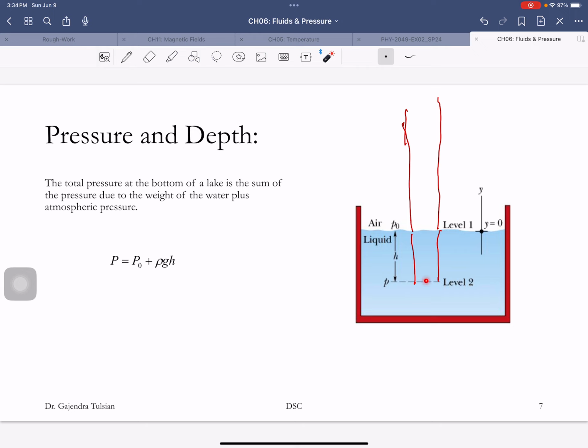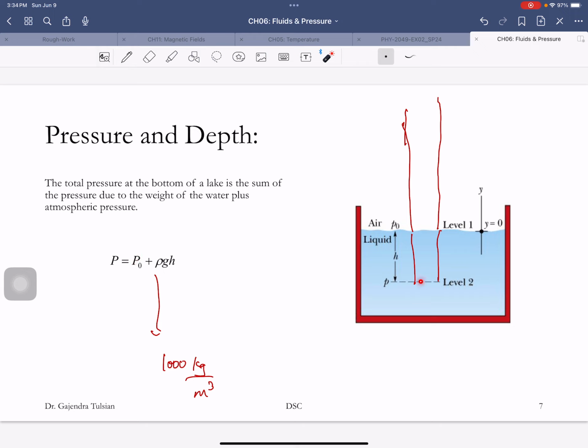Underwater, as you go deeper and deeper, the pressure increases. As h increases, pressure increases. In fact, if you go down 33 feet or 10 meters, with the density of water being 1,000 kg per meter cubed and g roughly 10 meters per second squared, that equals 1 atmospheric pressure.